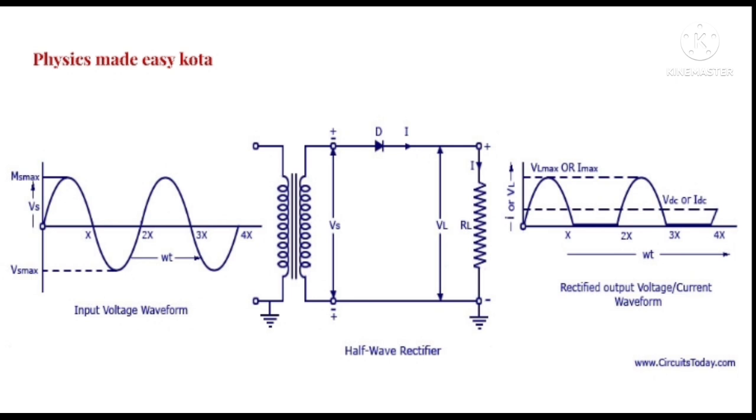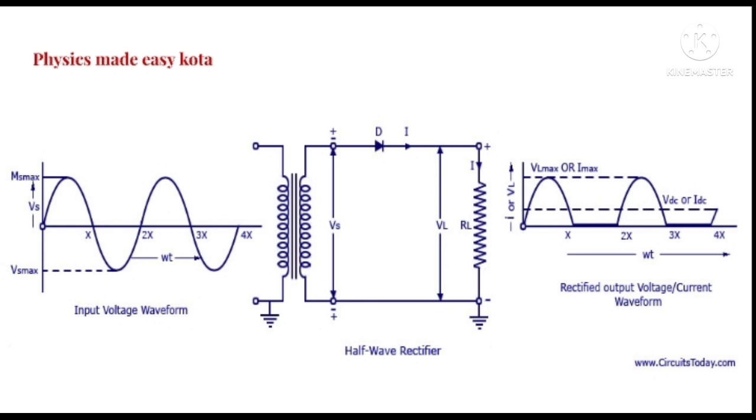Now to understand it properly, when the positive half of the AC input signal flows through the primary coil, it induces EMF in the secondary coil due to mutual induction. In the first case, we consider the direction of the induced EMF such that the upper end of the secondary coil becomes positive and the lower end becomes negative.